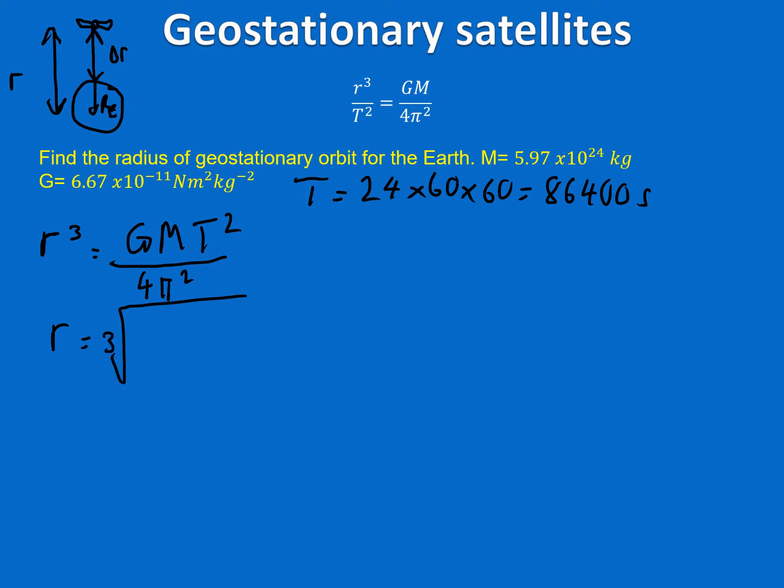We'll have the cube root of this. So the mass of Earth is given to you, and the gravitational constant is given to you because it's on your formula sheet. So that's at the top of this question here. Now all we need to do is substitute the values into the equation, and we will get an answer.